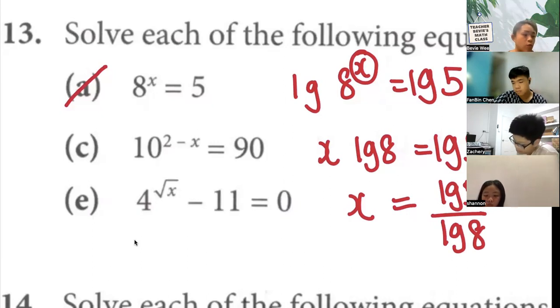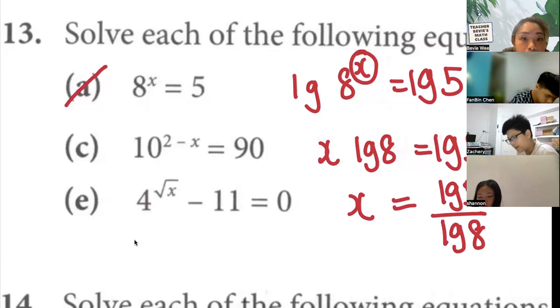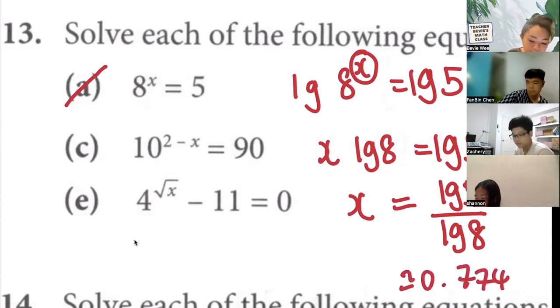Give it a try. We haven't been using the calculator much. 0.773976. Okay, correct. So I'll round it off to 3SF, 0.774. That's all.